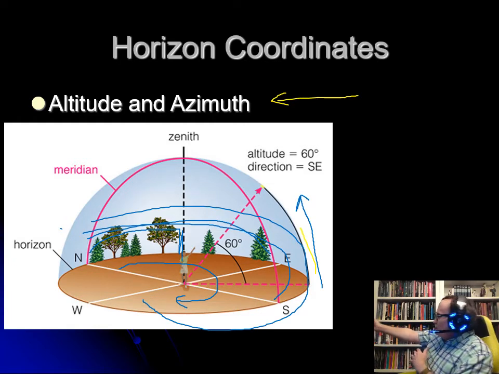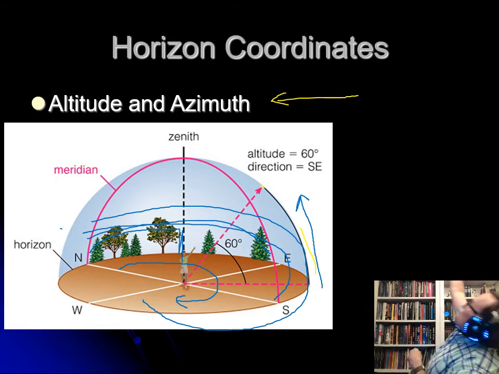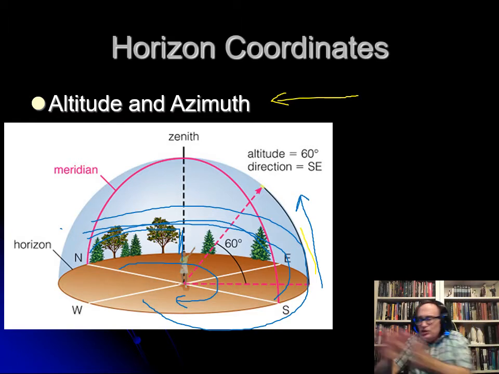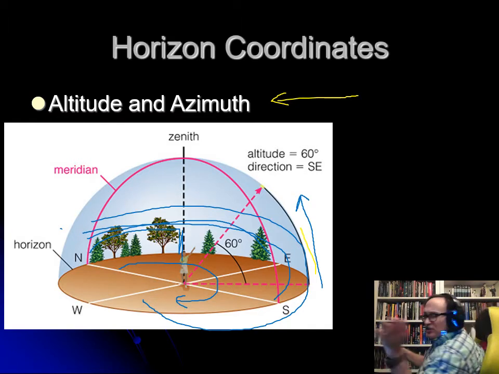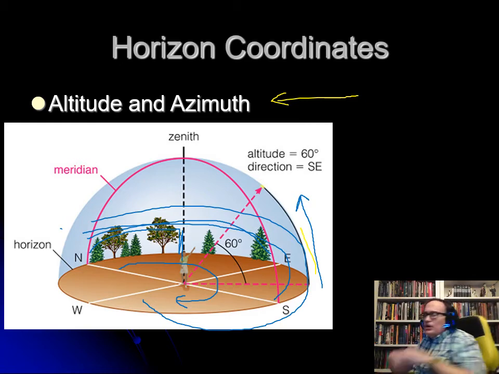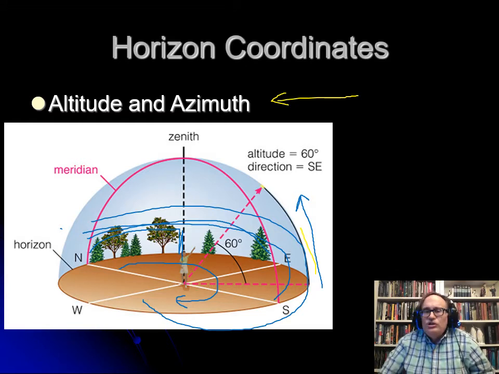Okay, so 30 degrees more, so 30 degrees south of east, that's going to be 120 degrees azimuth. 60 degrees means you go up 2/3 of the way up to straight up. Straight up is like that, so you want to go 2/3 of the way up. That would be 60 degrees altitude. So you'd face the azimuth of 120 degrees. You would look up 60 degrees. That's altitude and azimuth, okay, or azimuth and altitude. And so that's how you do it.